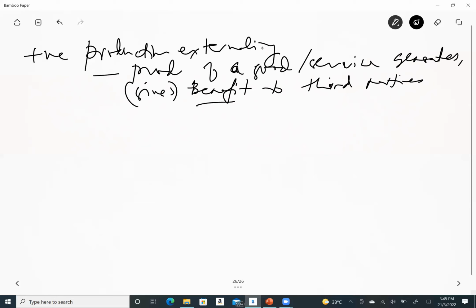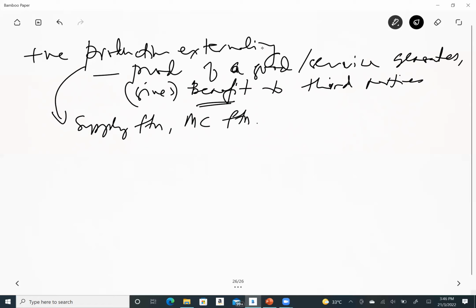Again, here we're talking about production, so the effect is on the supply function, which is the marginal cost.